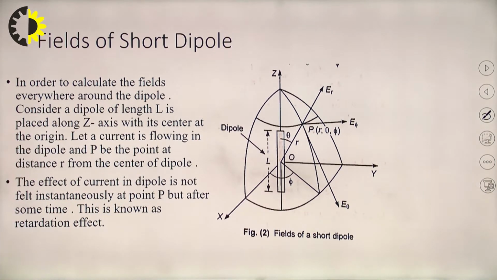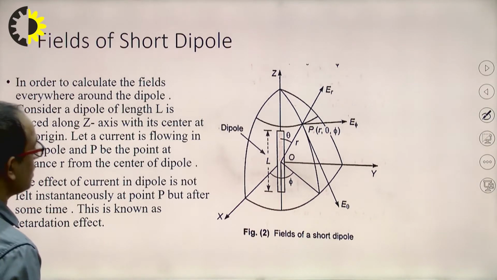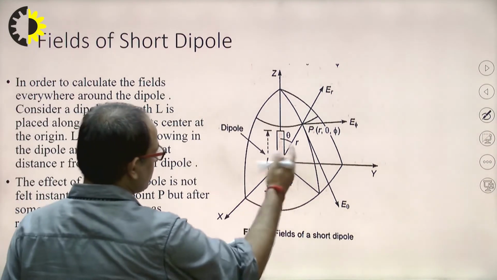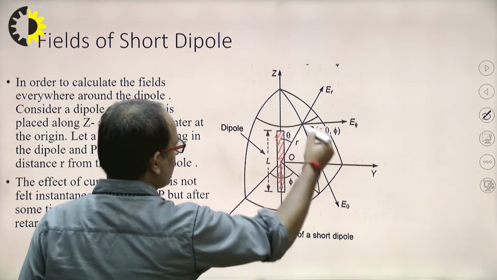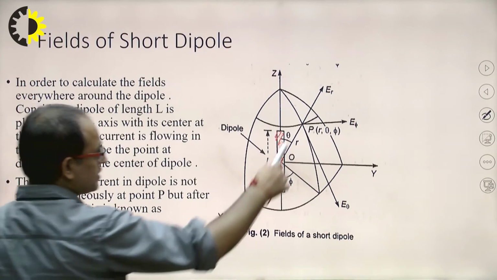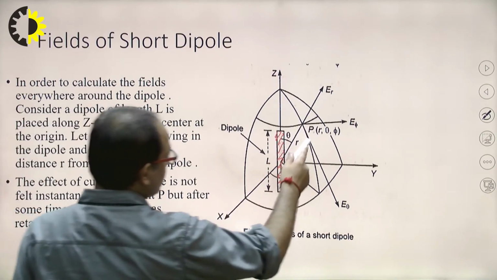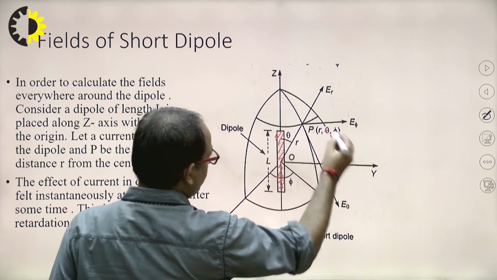Clear? So in the last lecture we started the fields from the short electric dipole. This is a dipole and I want to find the fields at point P, which has coordinates r, theta and phi. Clear?